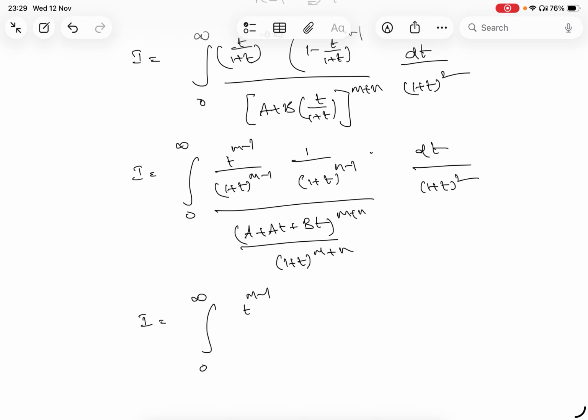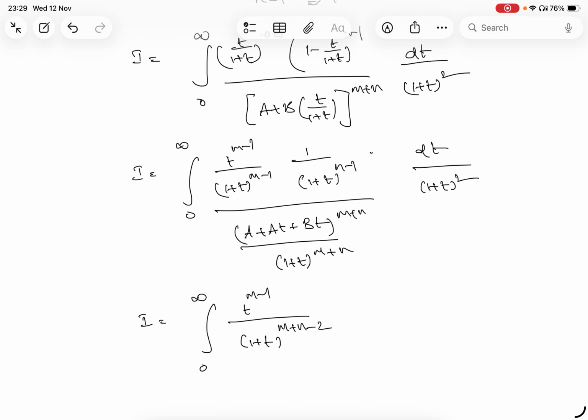Let's write it down first: by (1 + t) whole power m plus n minus 2.